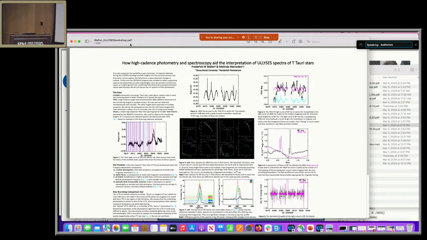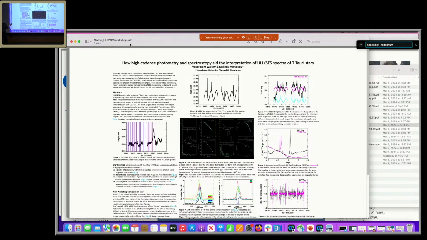In less than that. Many things I've learned in 45 years observing T-Tauri stars, is that they have inflows, they have outflows, they have magnetic fields, they have magnetic flaring, they have ultraviolet excesses and infrared excesses. They have dark spots, they have hot spots.